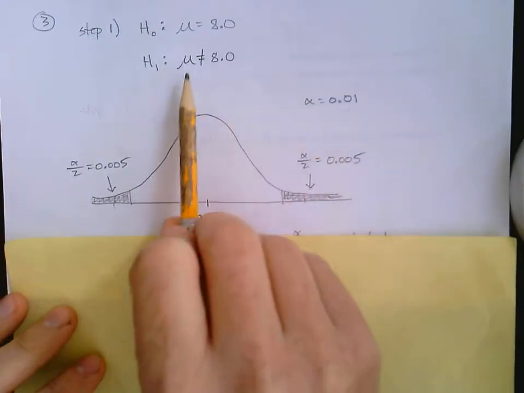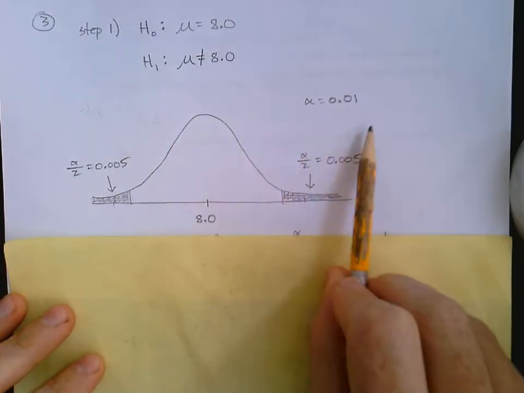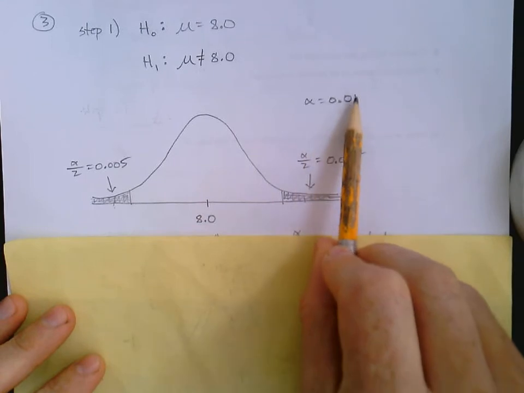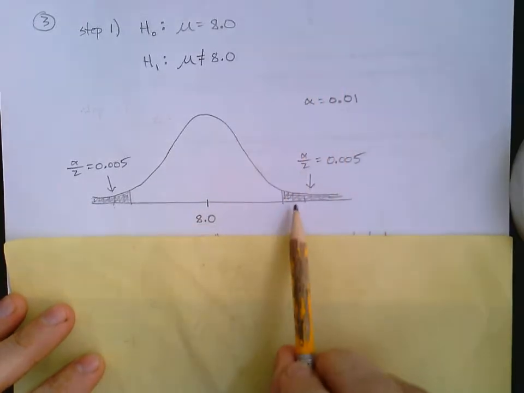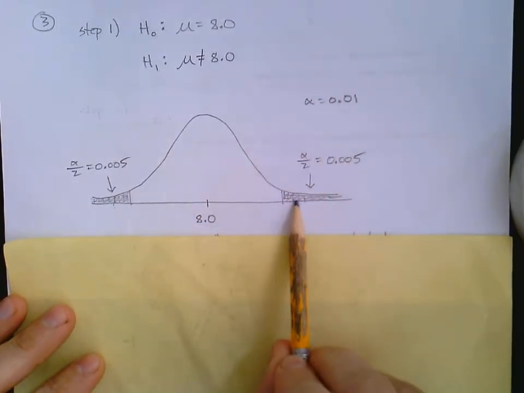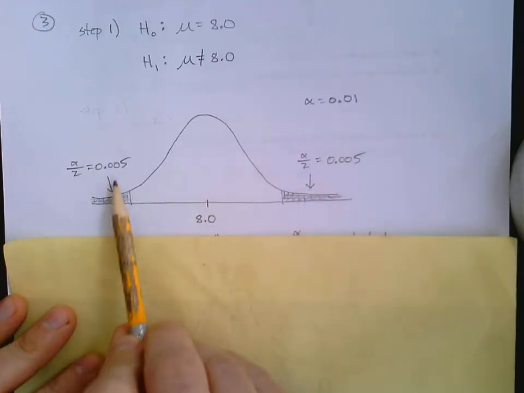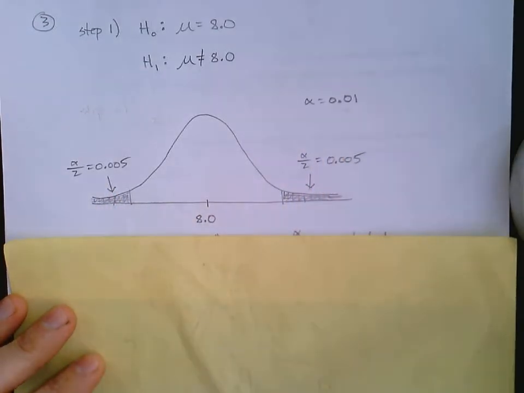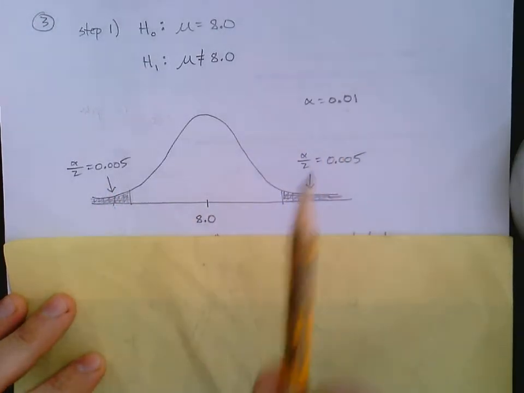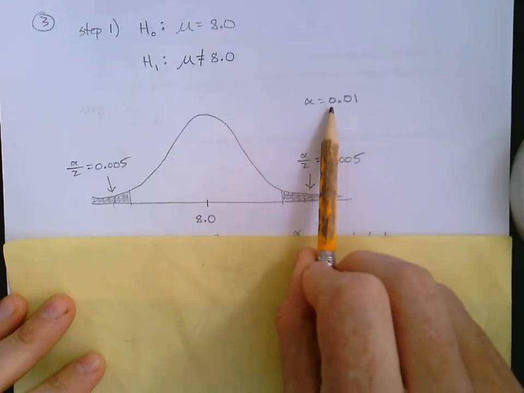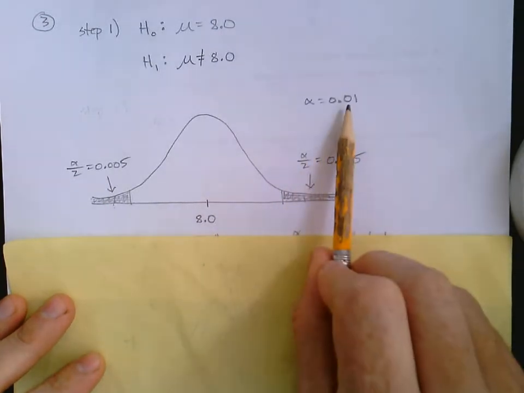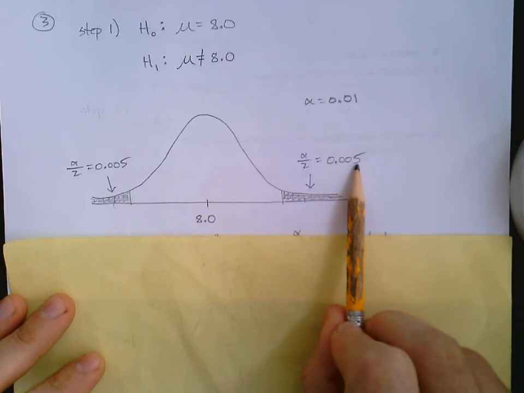If you ever get a not equals situation, then you have to divide this in half, put half of that number at the top and half of that number at the bottom. Okay, so we divide that in two. So 0.01 divided in half is 0.005.